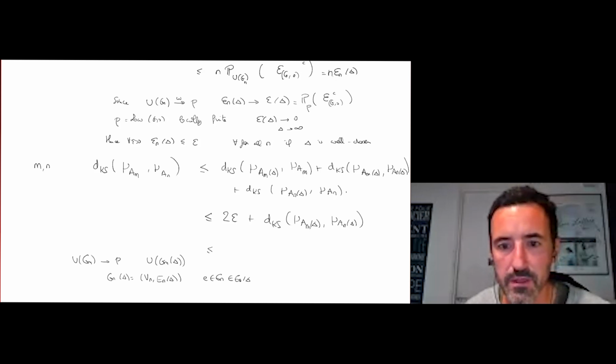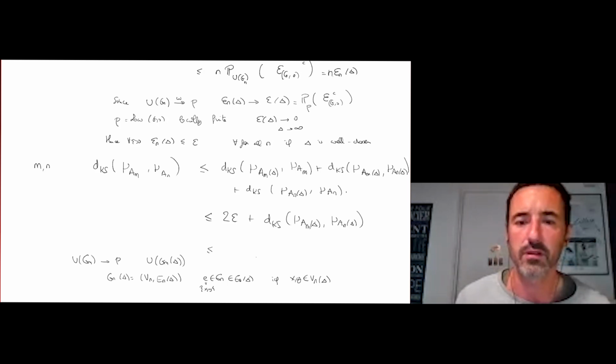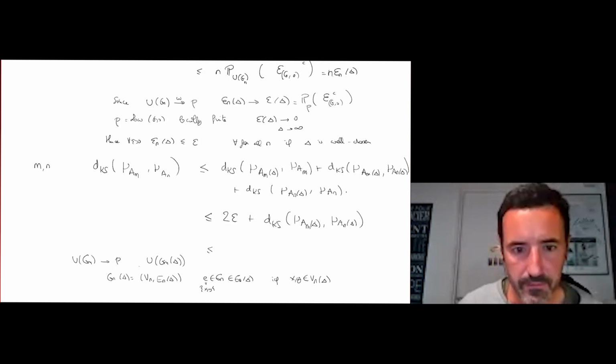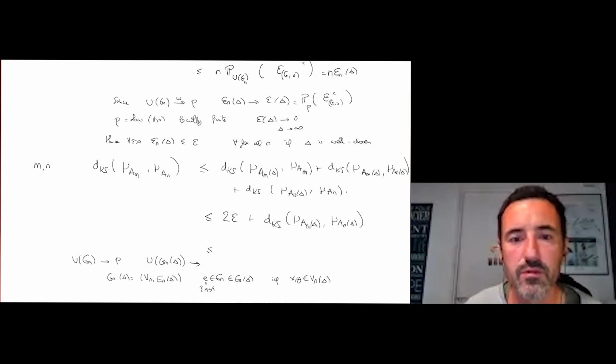So it's a subgraph. E, which is a pair xy, if and only if both x and y belong to this set V_n δ, where you only keep the vertices. So by the lemma, this will converge to the measure ρ δ.